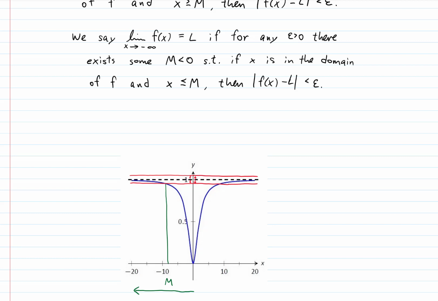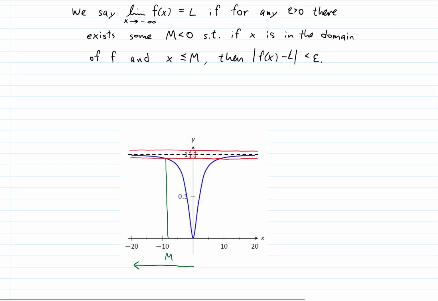I already worked out the scratch work, so I won't show you that, because that's not what I want you to worry about. I just want to show you. And what I'm trying to say is I already found how big my capital M would need to be. And it turns out that capital M needs to be 4 over epsilon or negative 4 over epsilon. Let me put this in a picture.